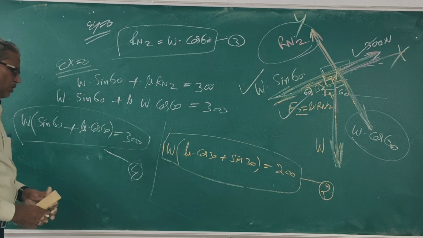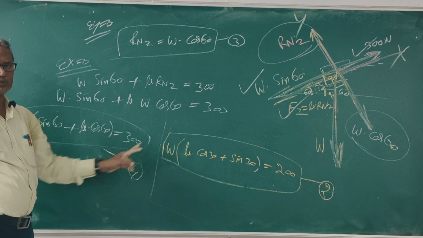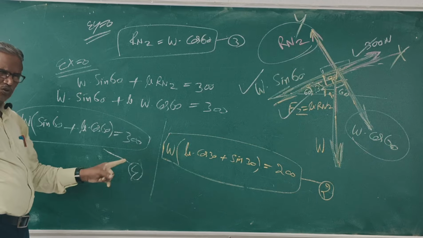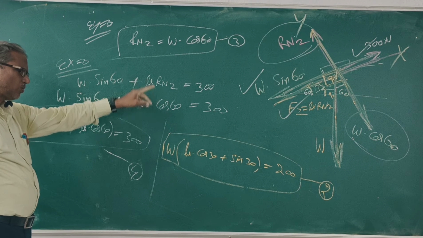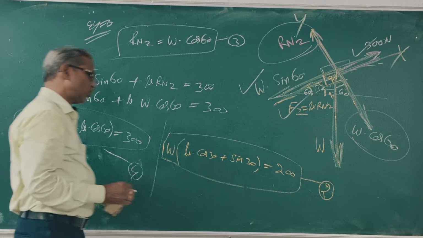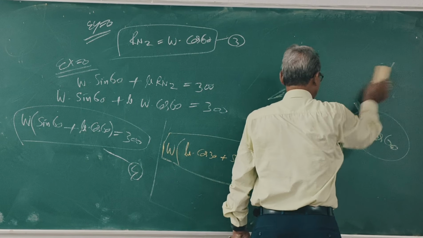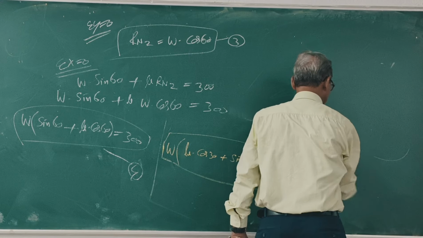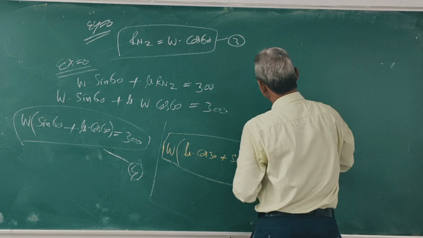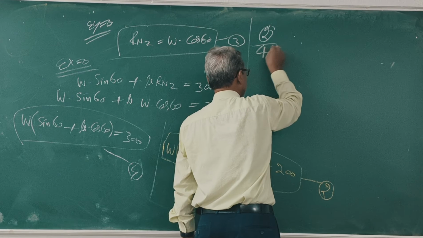Now, taking equation 2 and 4, we find out mu, putting the value of mu in this equation, find value of W. First find out 2 by 4. Make 2 by 4, equation 2 by equation 4.